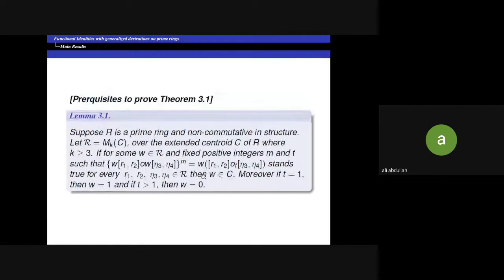To prove theorem 3.1, these are our prerequisites, the lemma, wherein we studied this generalized polynomial identity, where r1, r2, r3, r4 are arbitrary elements of the ring R. Then we have proved that this W, the element of the matrix ring, is already in C. Moreover, if t equals 1, then we have proved that W equals 1, otherwise W equals 0.